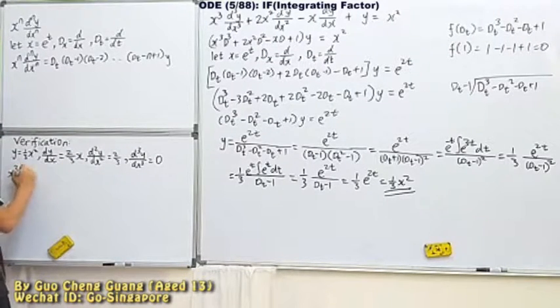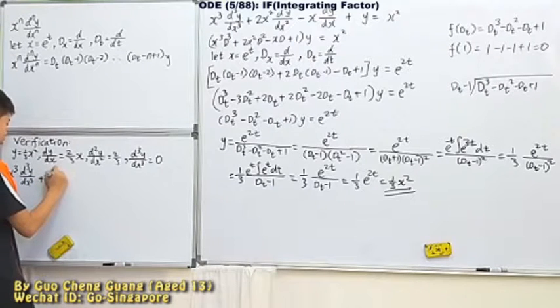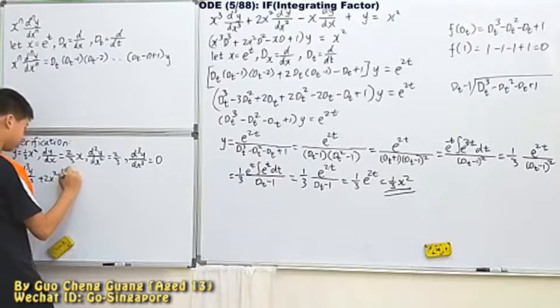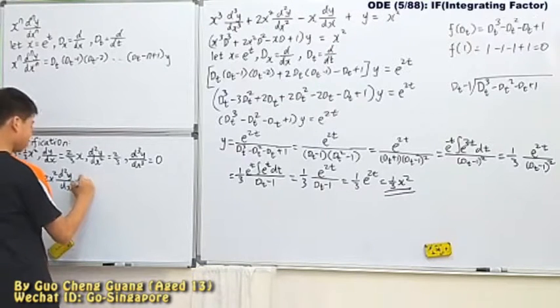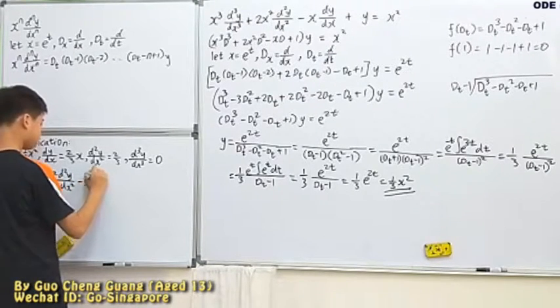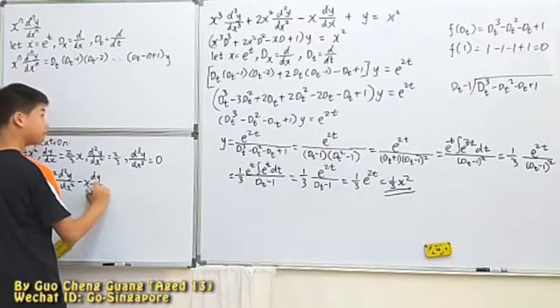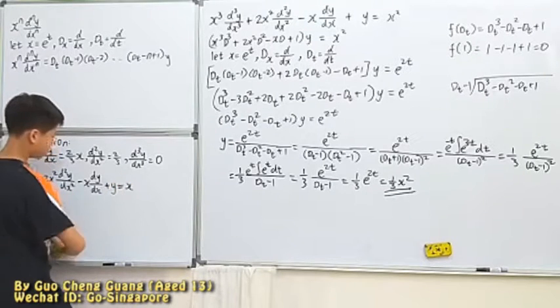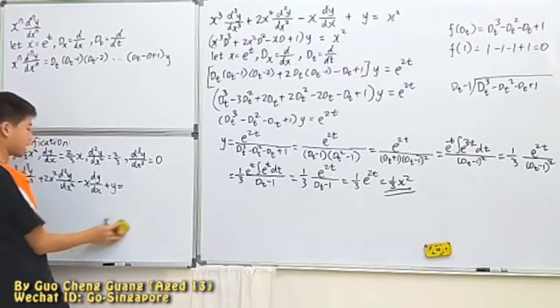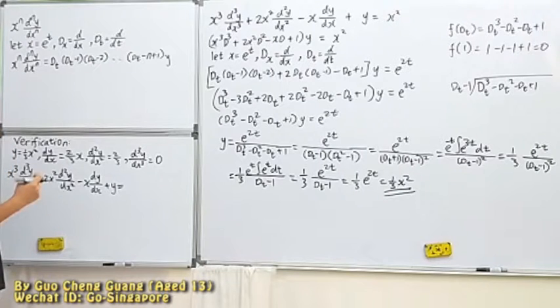So x cubed, then the third derivative, plus 2x squared, and then the second derivative, then minus x first derivative, then you plus y, and it's equal to, wait, do you know? No, we have to verify it, so we can't just directly write that it is equal to x squared. First of all, let's start this aside.